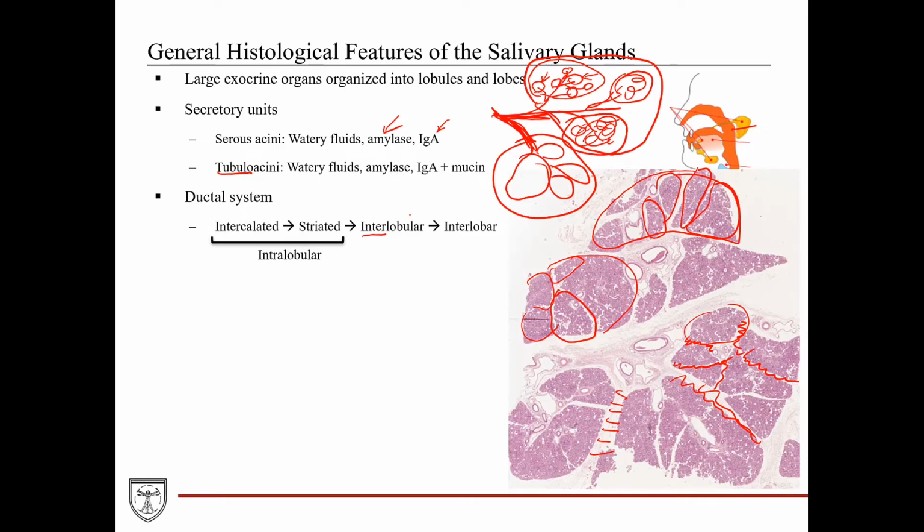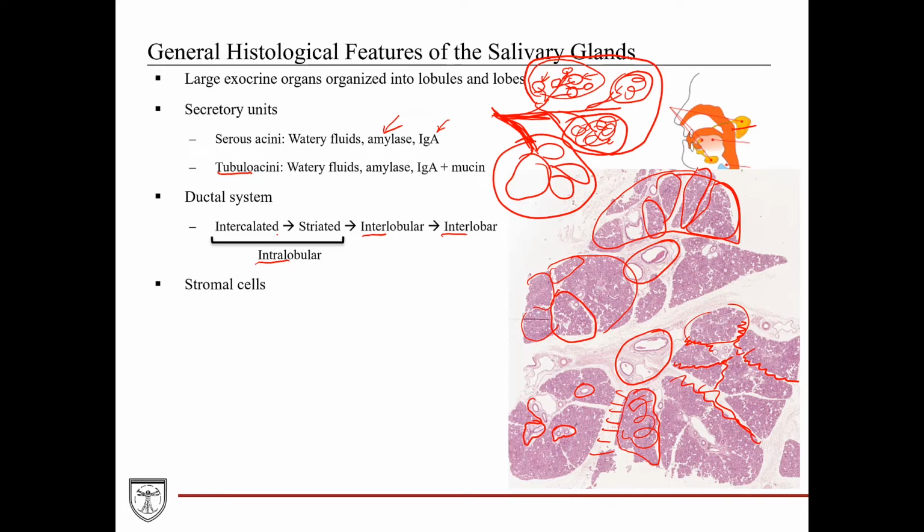So in a macroscopic histological image such as this in a cross section, oftentimes the interlobular ducts would be seen in between the lobules, and interlobar ducts would be seen in between the lobes, and they're physically large as you can see too. And the intercalated and striated would be so small that it may be hard to discern because they're positioned within an intralobular location. So we may need to zoom in a little further to discern the intercalated and striated ducts.